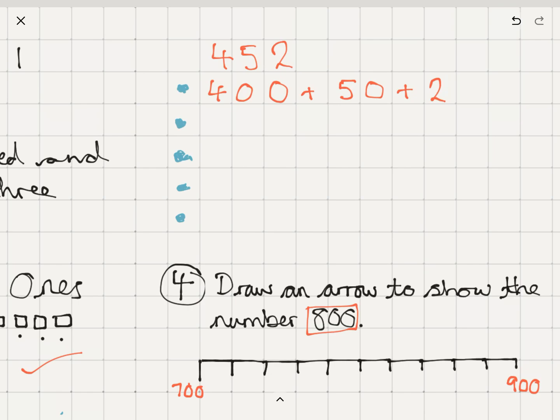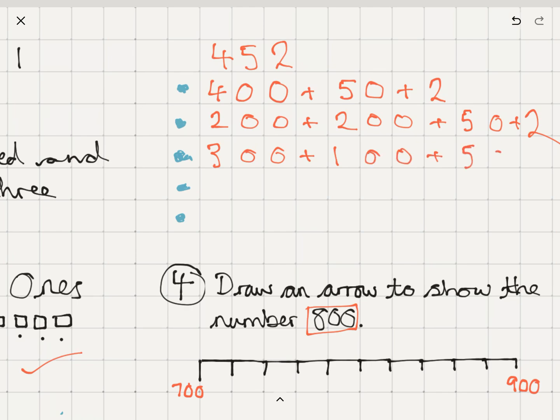Okay, you could do it loads and loads of different ways. So maybe you could do 200 plus 200 plus 50 plus 2. Really, there's unlimited ways you could do this. You could do 300 plus 100 plus 50 plus 2. Or you could do 400 plus 50 plus 1 plus 1.